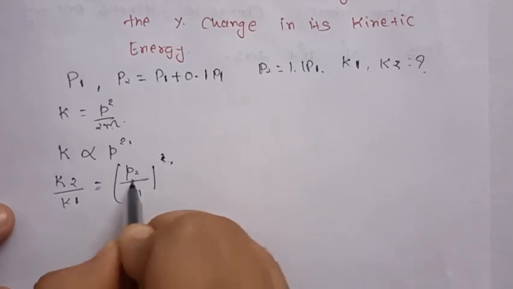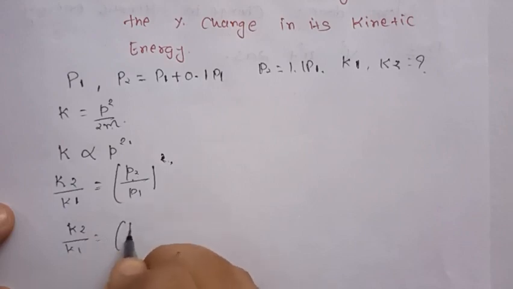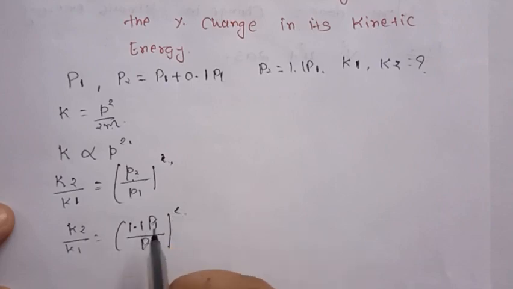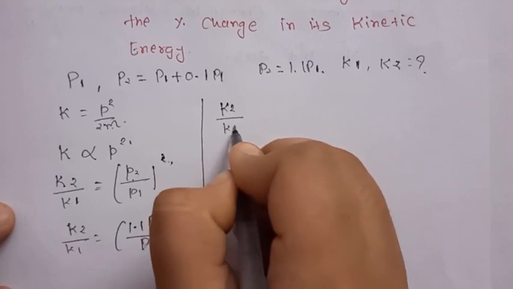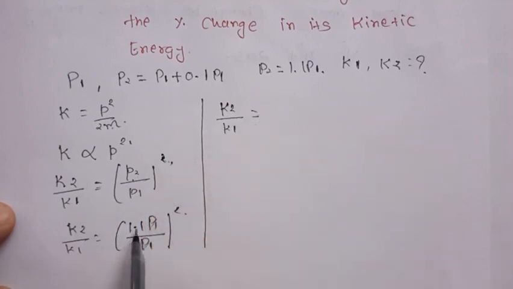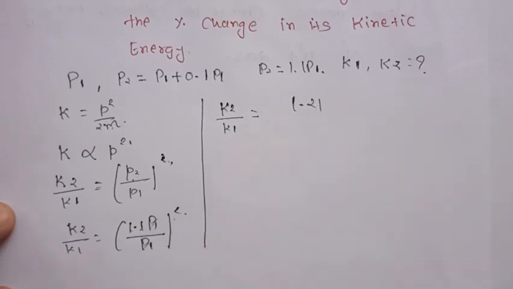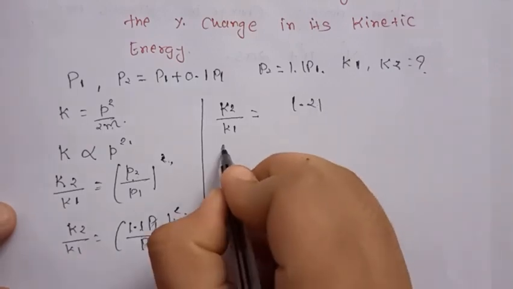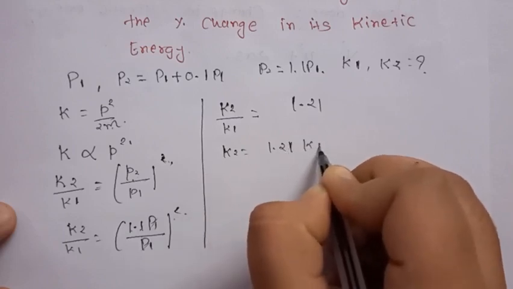But P2 is 1.1 P1 divided by P1 whole square. This P1 will get cancelled out. So K2 upon K1 will be equal to 1.1 square, which is 1.21. So we can write K2 is equal to 1.21 K1.